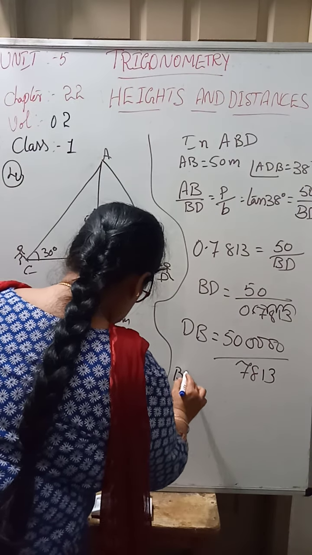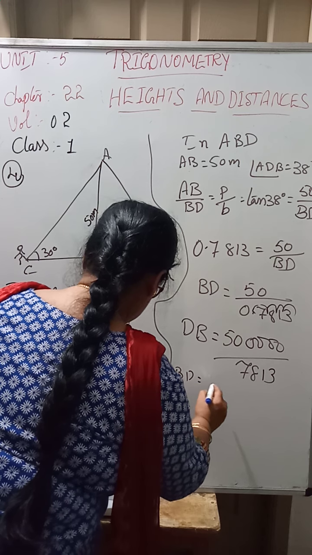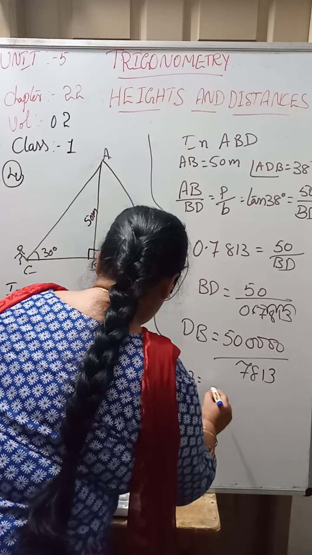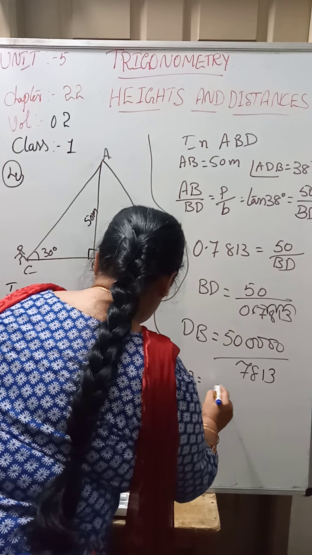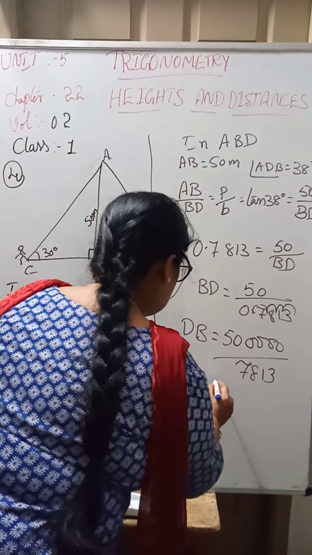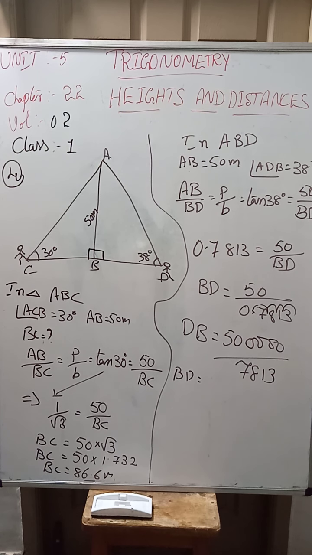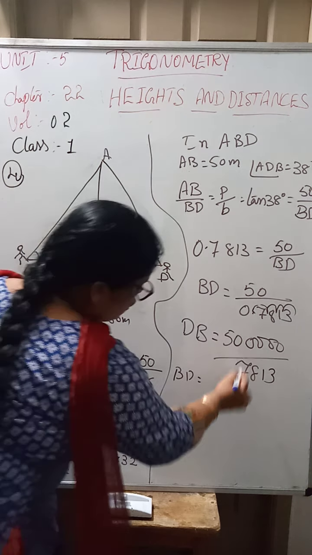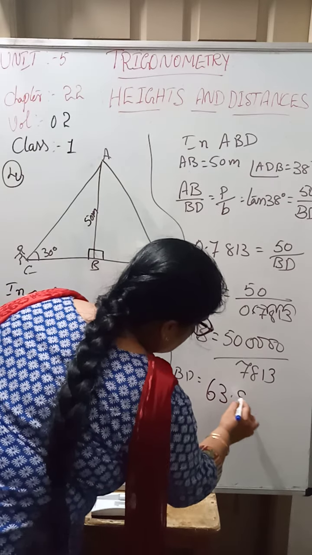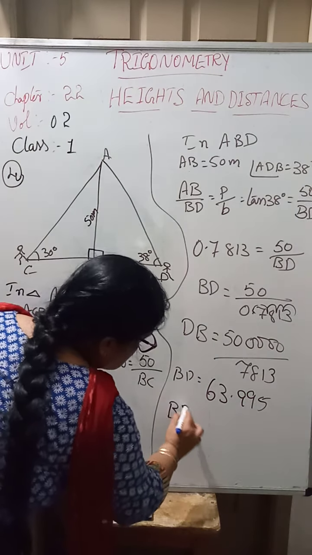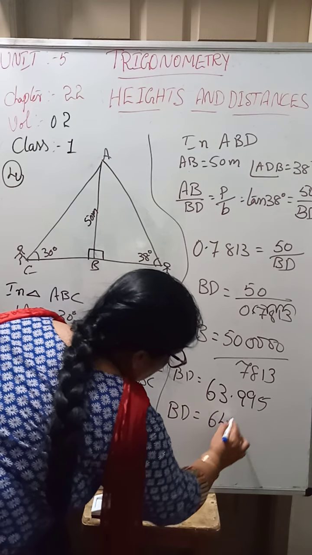After division you will get 63.995. So BD can be taken as 64 meters.